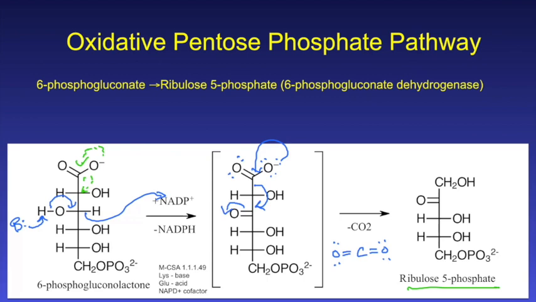All right, so what I get here is a whole bunch of mess. I get a double bond that has a hydrogen, that has a hydroxide, that has a carbon, and an oxygen with a negative charge.